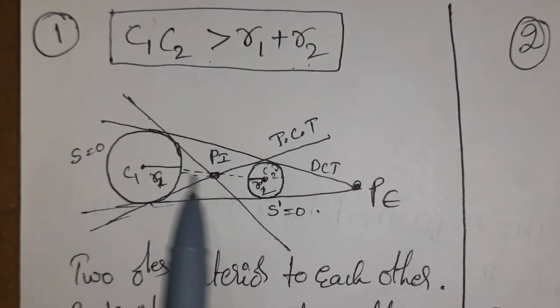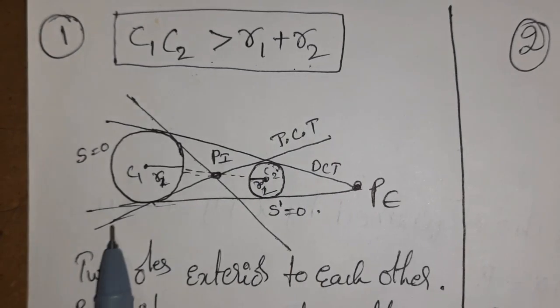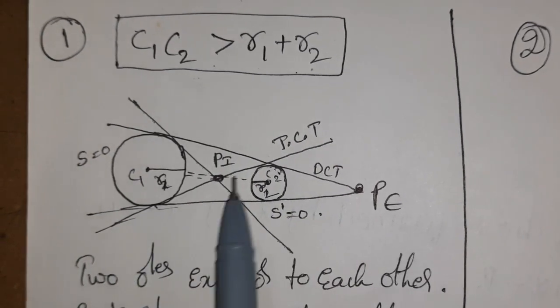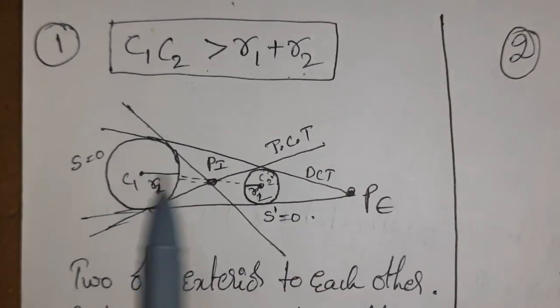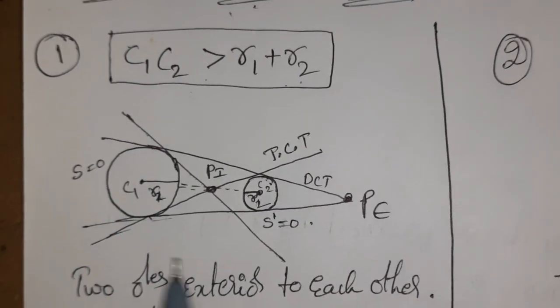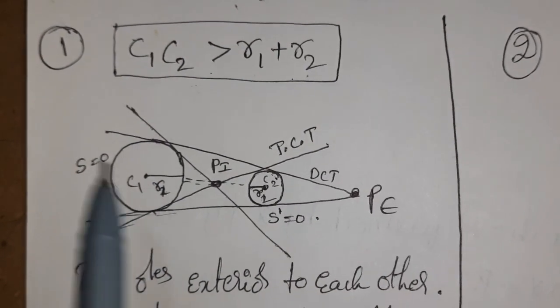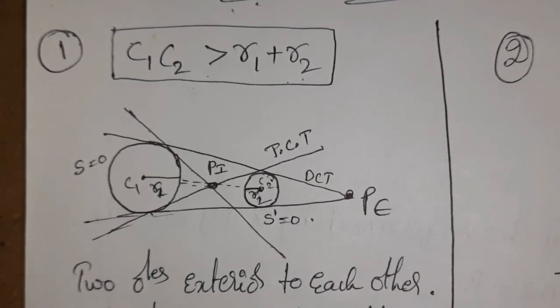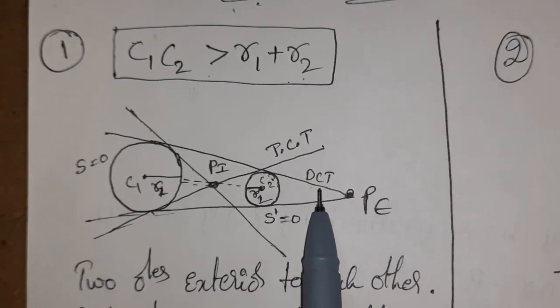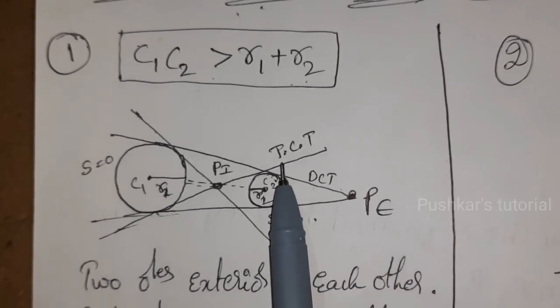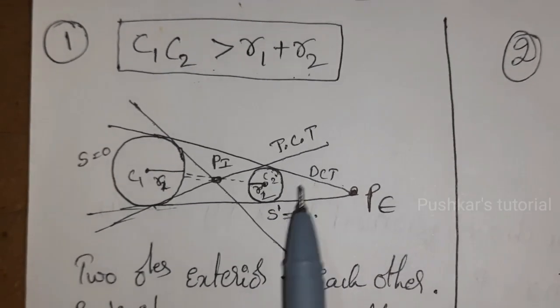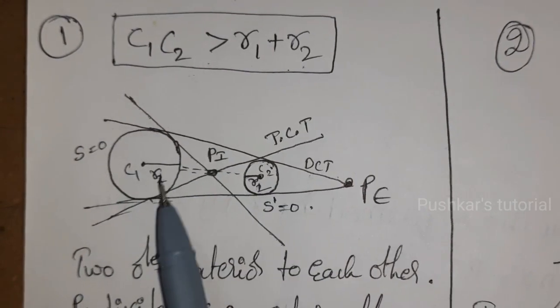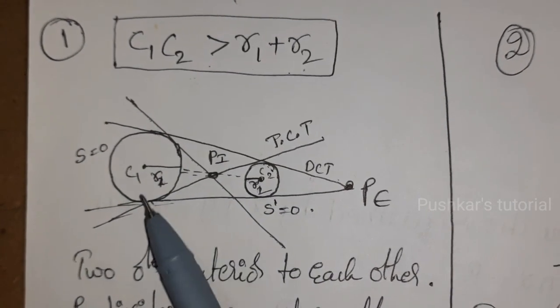So here the two circles have common tangents, each touching both circles. Common tangents are divided into two types: DCT, direct common tangent, and TCT, transverse common tangent. DCT means the tangent lies on the same side of both circles.